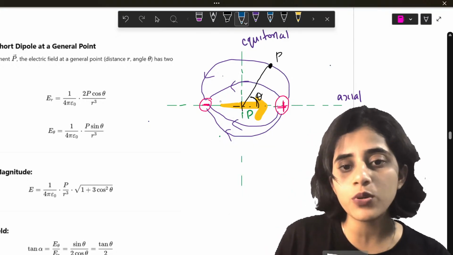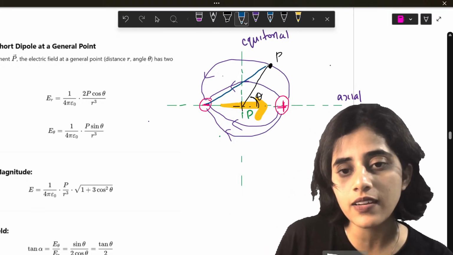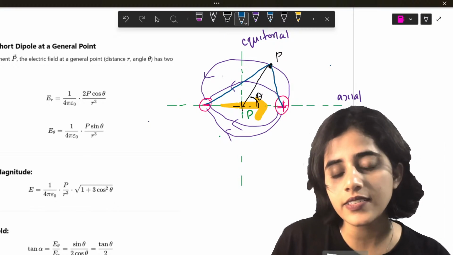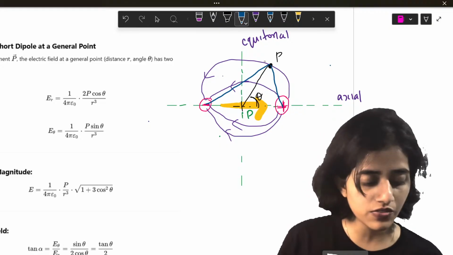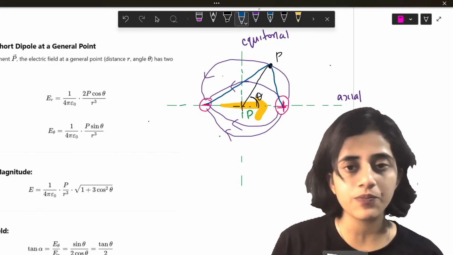So from the dipoles, P would make this line and this line. From the negative and the positive, this is how you draw lines to P.